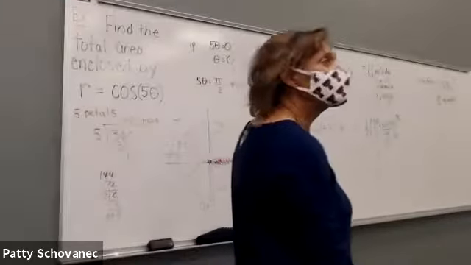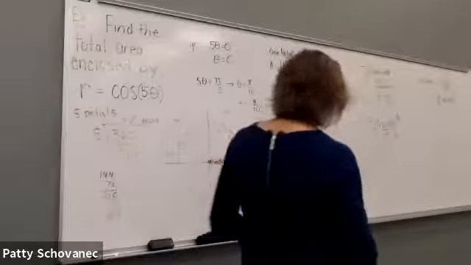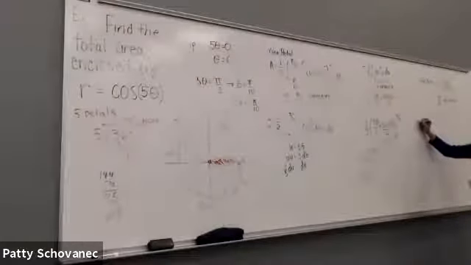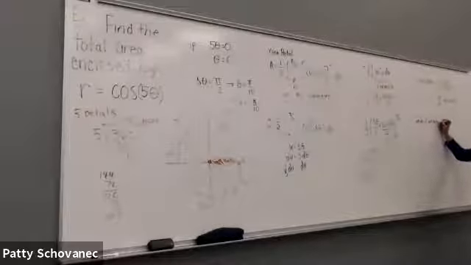Yeah, it's not going to be that way. Because look, what if we integrated 0 to 2 pi? So I still have the formula that has a half here.